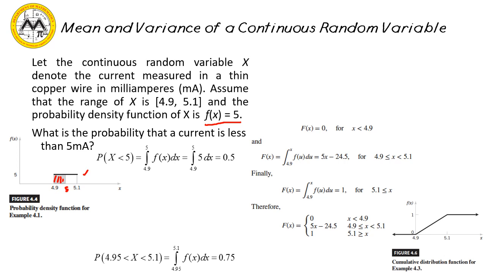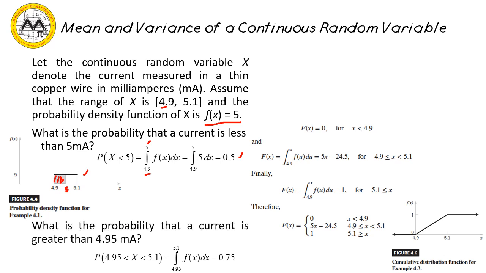Less than 5 is from 4.9, where the density function exists, up to the upper limit 5. Symmetrically, you can determine that it is 1/2 or 0.5, or you can use integration, the integral of 5 dx from 4.9 to 5.